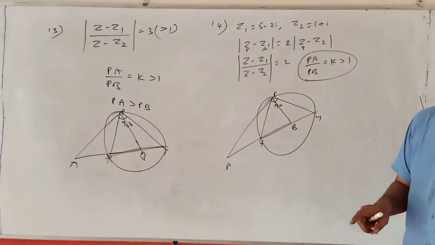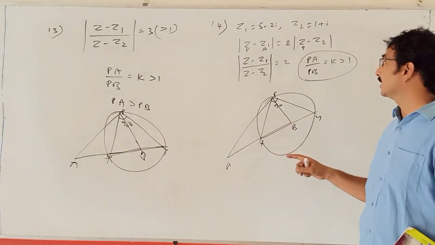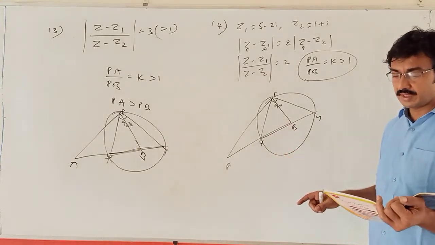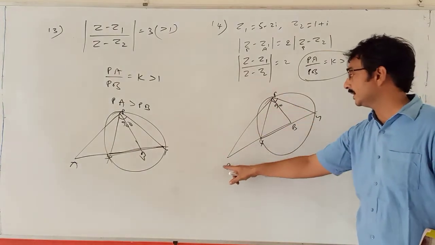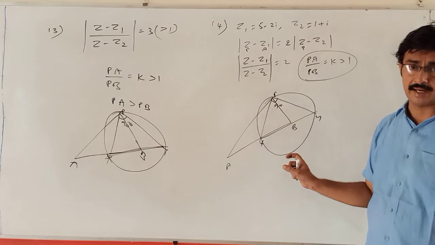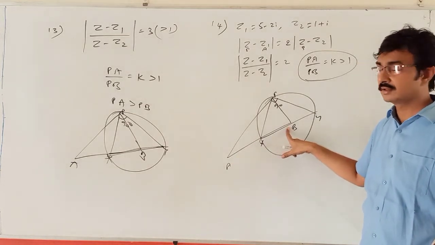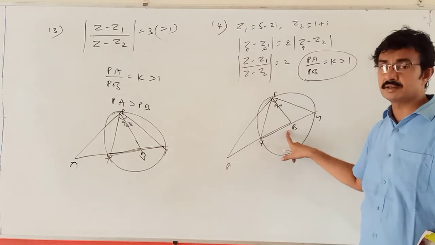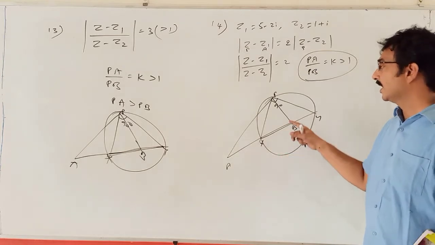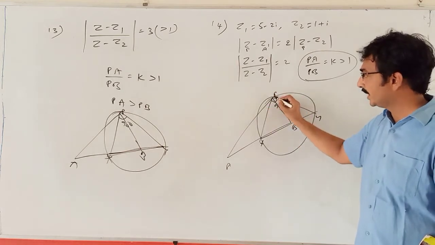Now what is required? Required is maximum area of the triangle PAB. Area of the triangle formula is base into height. It is clear that base AB is fixed. Base AB is constant. Now what about the height? Height depends on the position of P. So P lies on the circle.